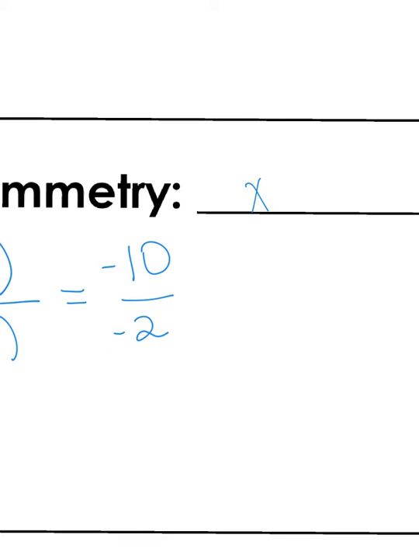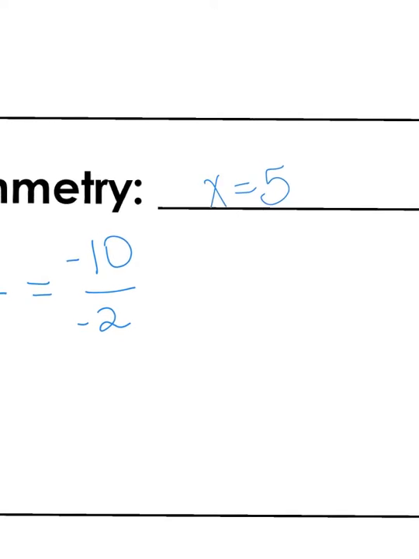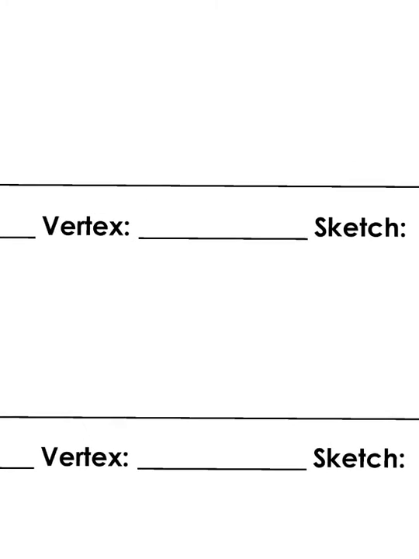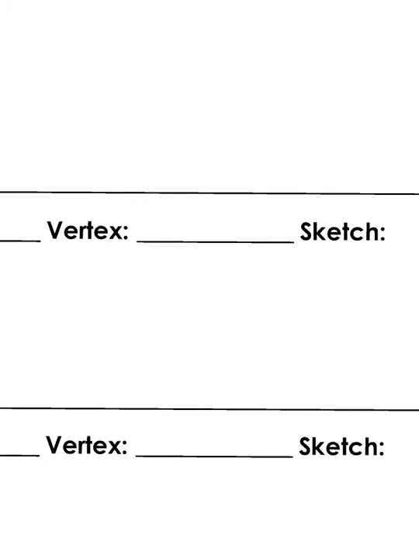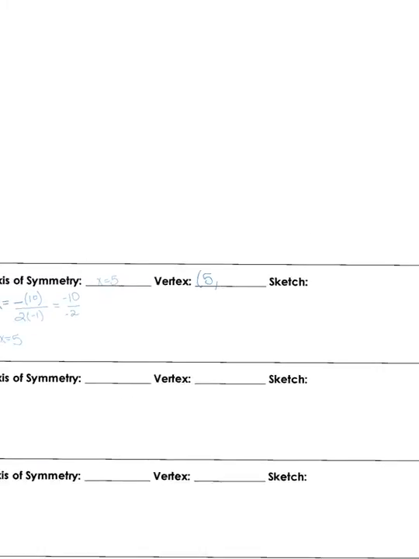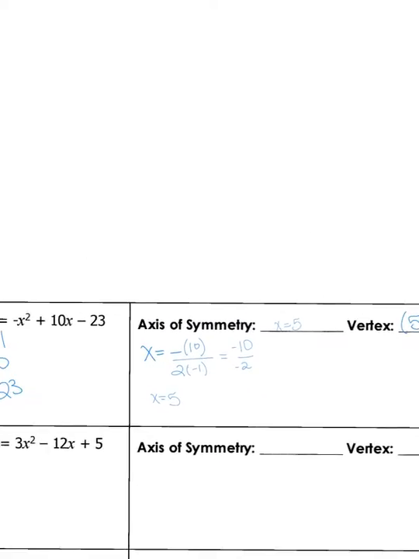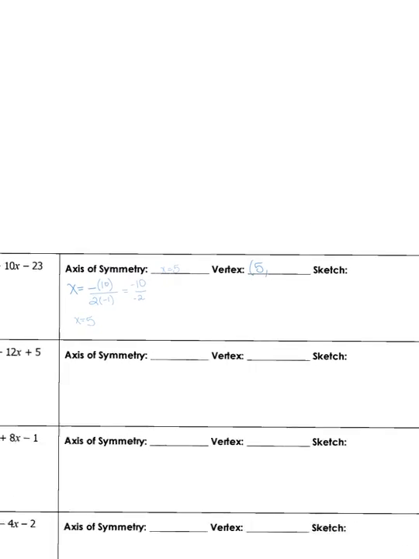So now remember what I said about the axis of symmetry. What's nice about this is that x value is also the x of my vertex. So I know my vertex for this one is going to be at 5. So now I need to plug 5 in for x.